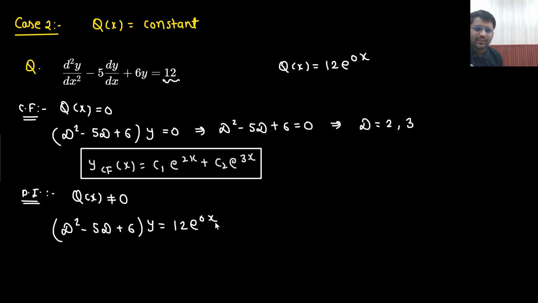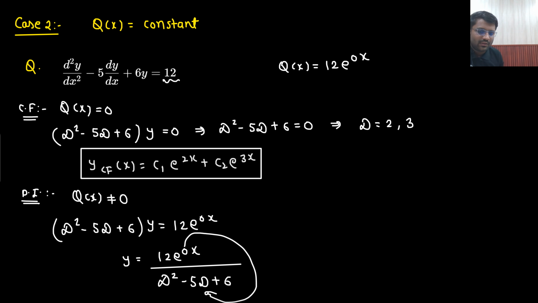So y equals to 12 e to the power 0x upon d square minus 5d plus 6. Did you understand e to the power 0x? E to the power 0x means 1 only. So 12 multiplied with 1. Now let me know what I am supposed to put. I am supposed to put d equals to 0, because the coefficient here is 0, no?